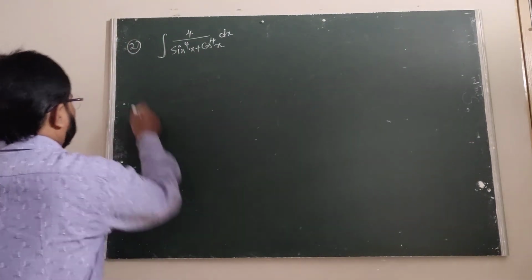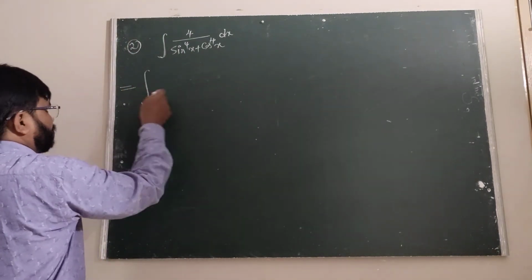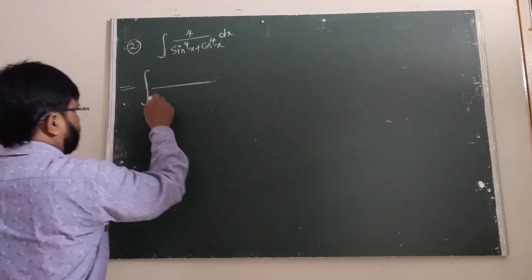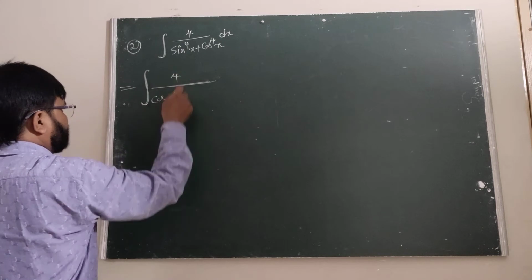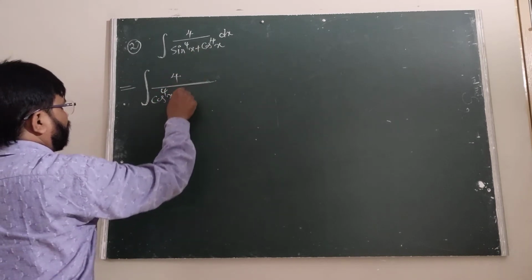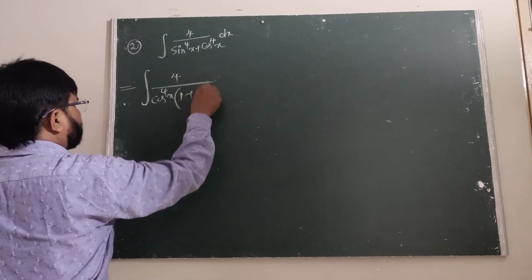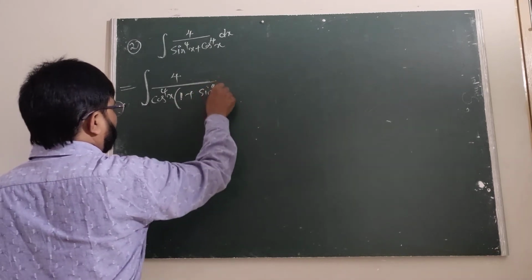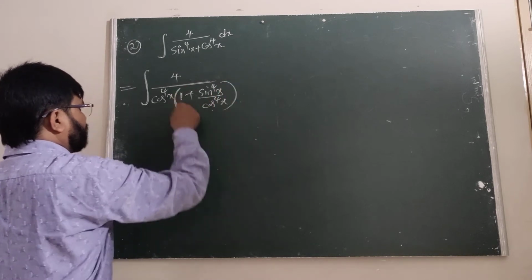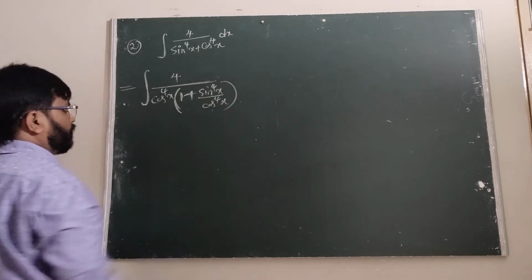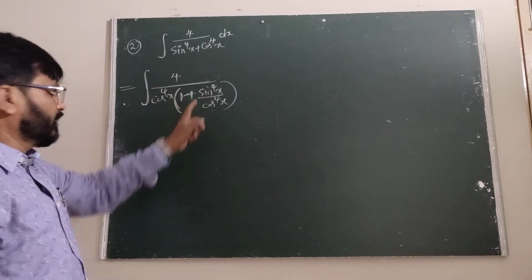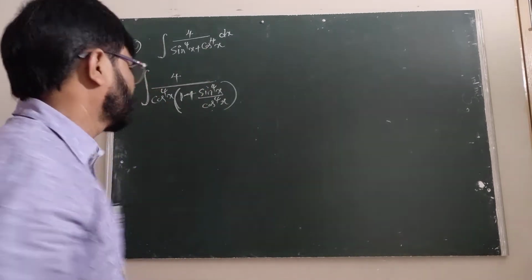First we take the common factor in the denominator, cos power 4x. Now here, 1 plus sine power 4x upon cos power 4x dx. Therefore cos power 4x into 1 plus sine power 4x by cos power 4x.